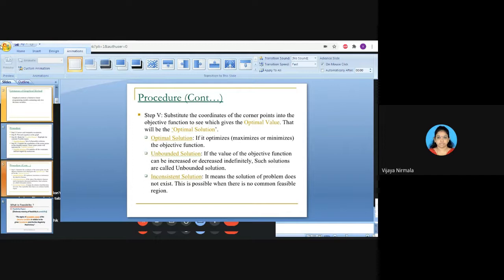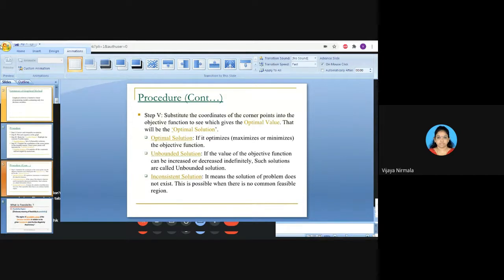Okay, so you get three solutions. One is optimal solution, that is either you get maximization or minimization of the objective function. The other one is unbounded solution, that is if the value of the objective function can be increased or decreased indefinitely.